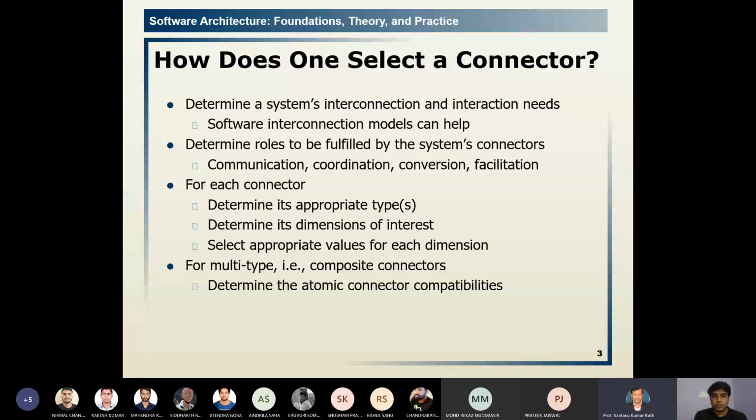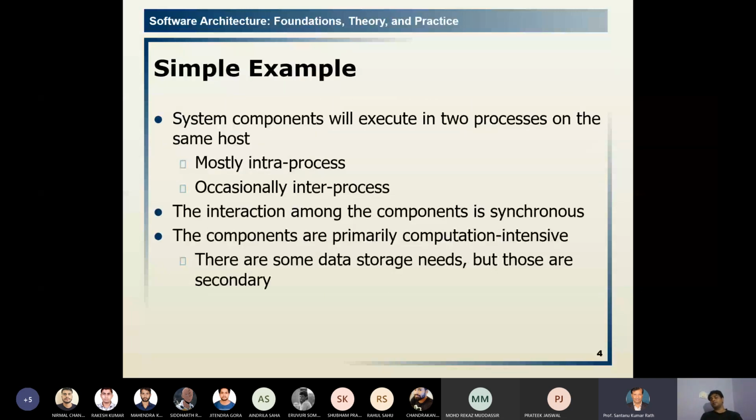If it is compatible, then we have to use it for the multi-type connection or any composite connection. Then some simple examples. The system components will execute two processes on the same host, mostly intra-process or occasionally inter-process. The components need to execute two processes within the same host. Intra-process means within the same component, the execution will happen for the two processes.